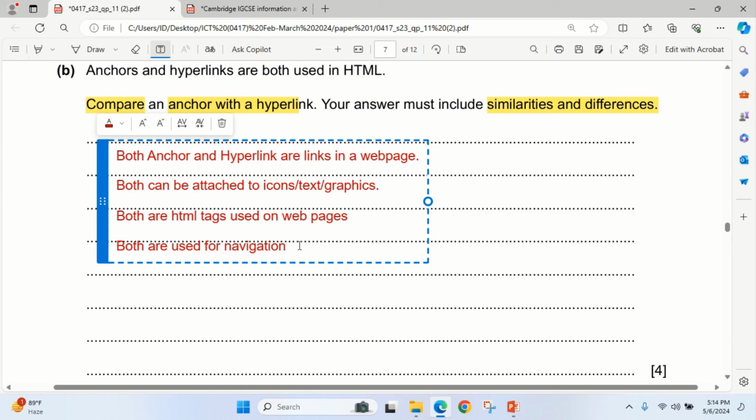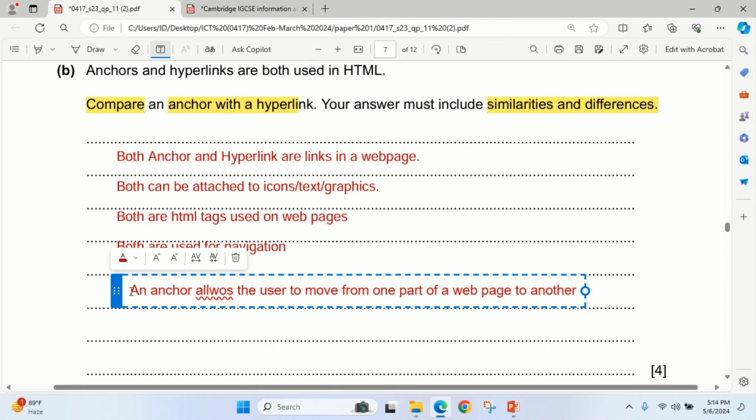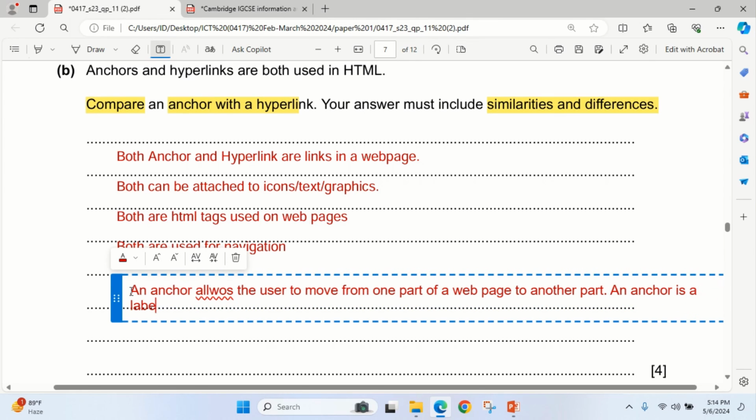Then there are differences. You can say that an anchor allows the user to move from one part of a web page to another part. An anchor can also be a label that identifies a specific position in a document or web page.